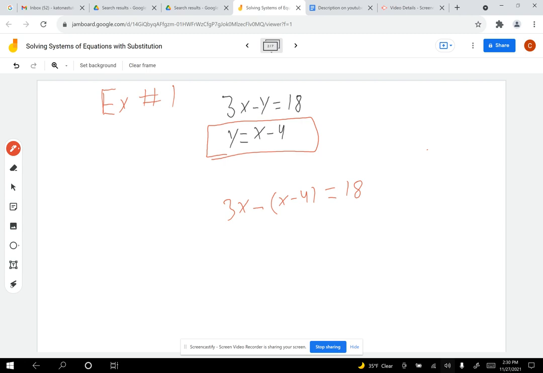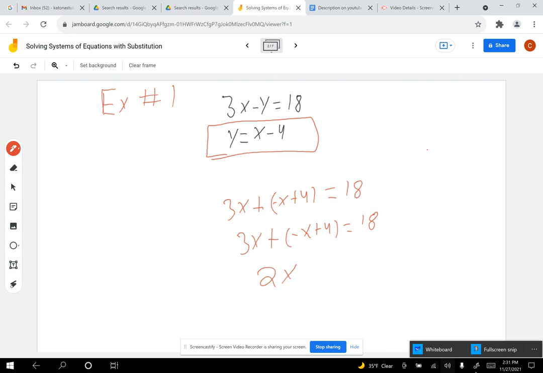So what I'm going to do, just simple algebra to make it easier on myself, I'm going to change this to an addition sign and change the signs in the parentheses. So I'm going to have 3x plus negative x plus 4 equals 18. Now, 3x plus negative x would leave me with 2x.